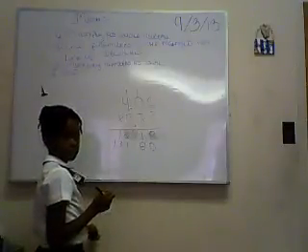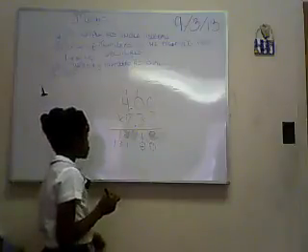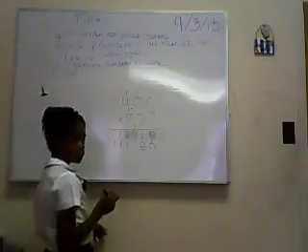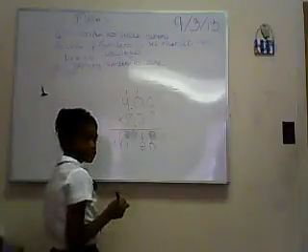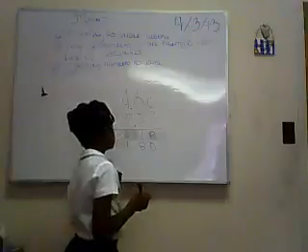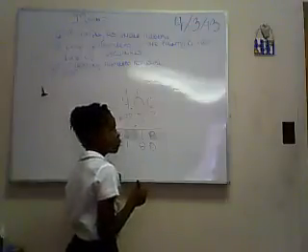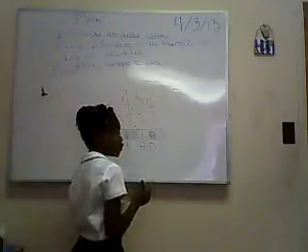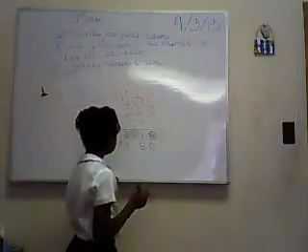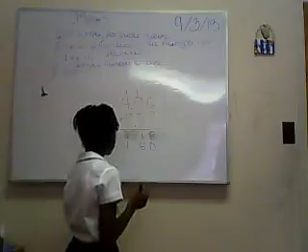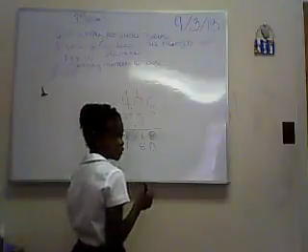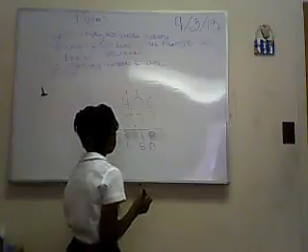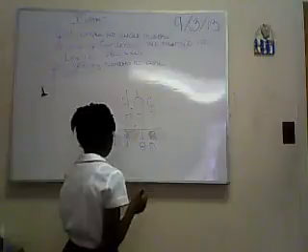Where'd you get the 1 from? Go from the top. 6 times 3 is what? 18. 3 times 0 is 0, plus 1 is 1. 3 times 4 is 12. Where did you get the 1 from?